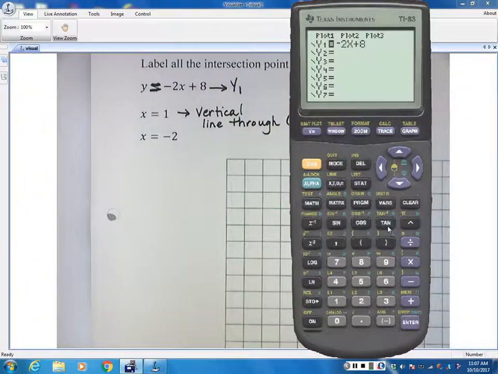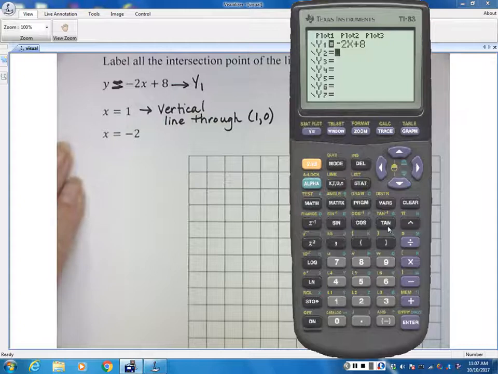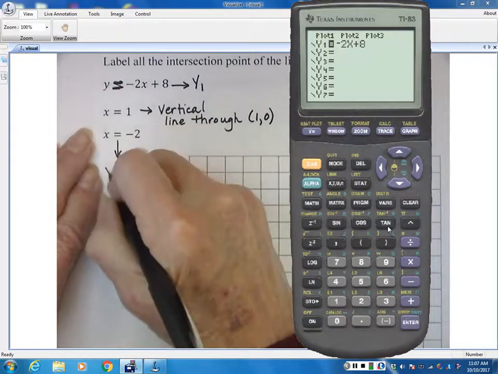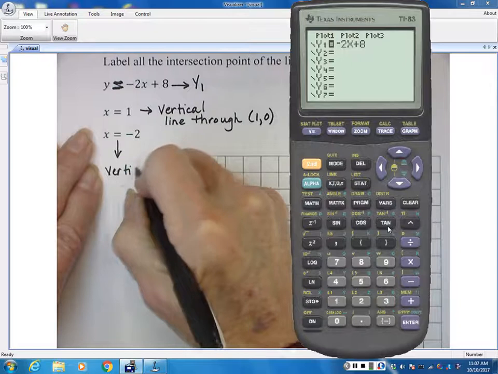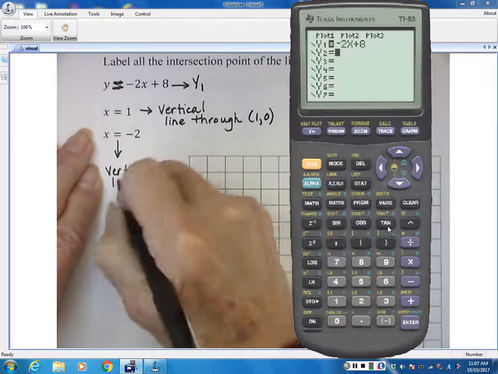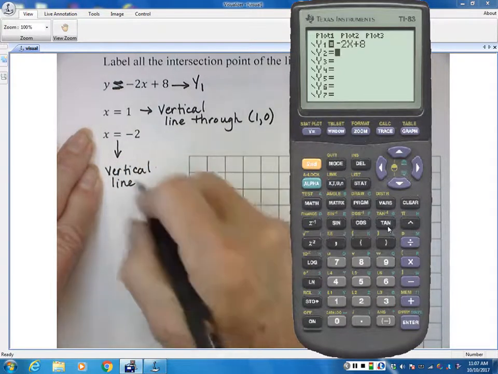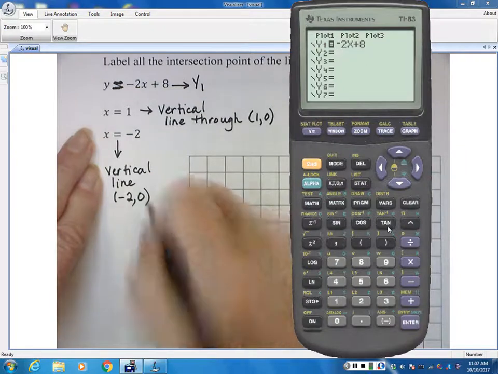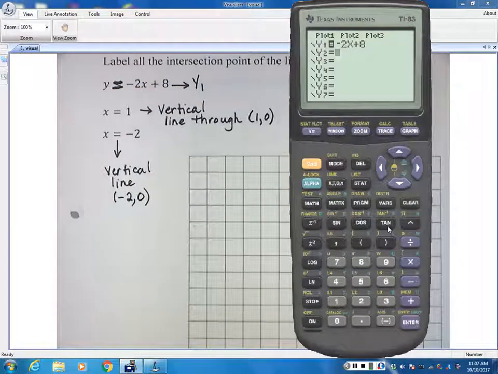Okay? And x equals negative 2 is also a vertical line. And it goes through negative 2, 0. So I don't need the calculator to help me with those two.